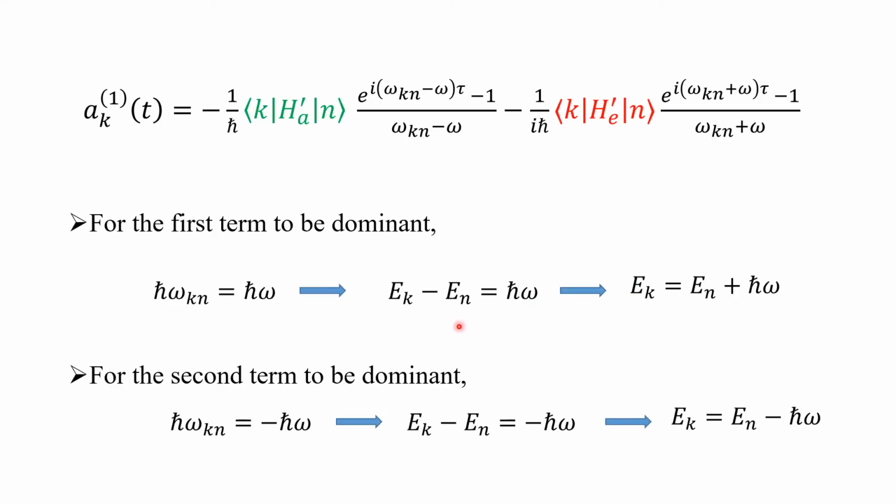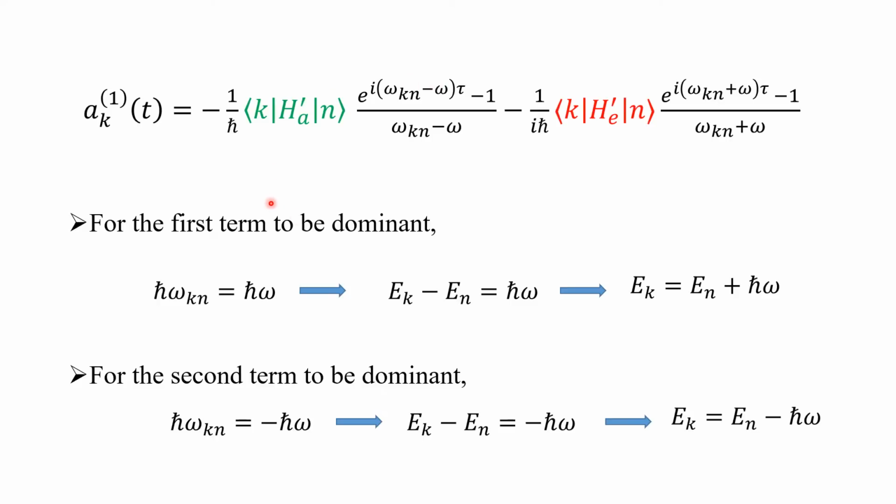Then Ek is equal to, if En goes to the right hand side, this will become plus En. So Ek is equal to En plus H cross omega. That means the final energy is higher than the initial energy by an amount H cross omega. That is, it absorbed one photon. So the first term is called the absorption process.